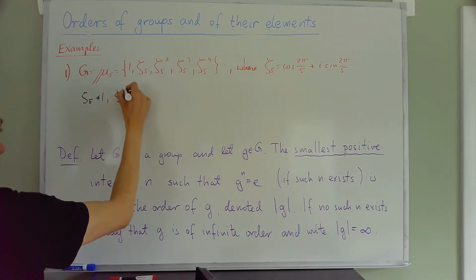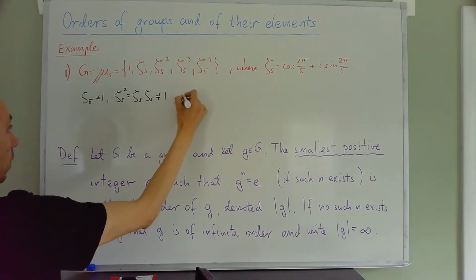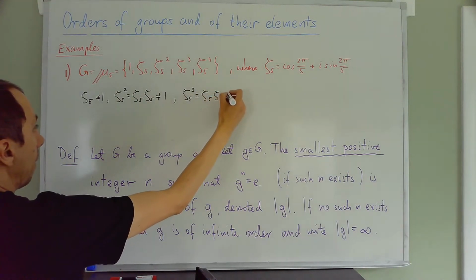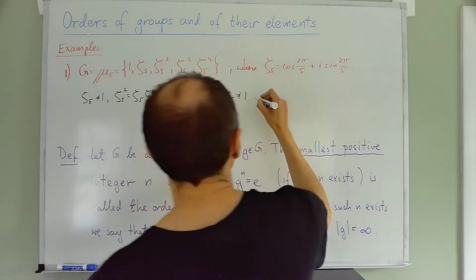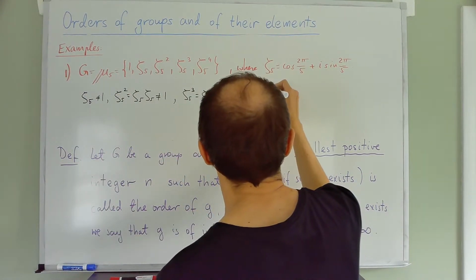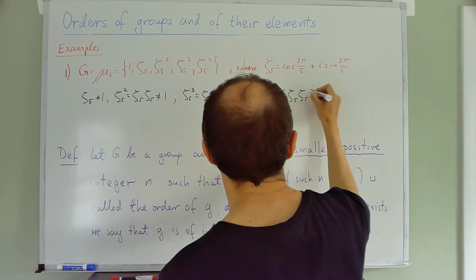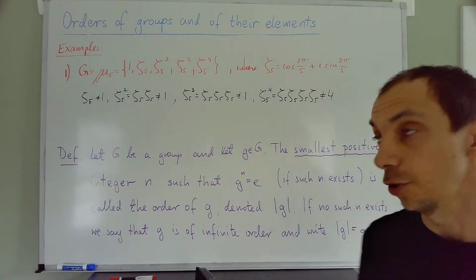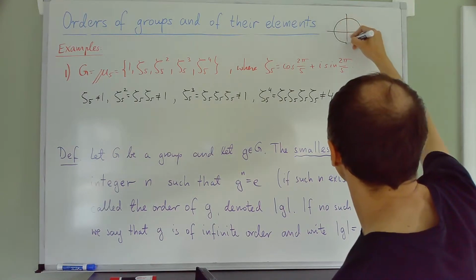Zeta 5 squared, that's not 1. Zeta 5 cubed is also not 1. Zeta 5 to the 4th is also not 1. I mean, I kind of know where these things are, right? On the unit circle.